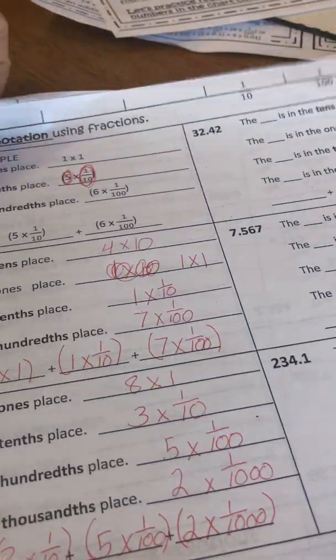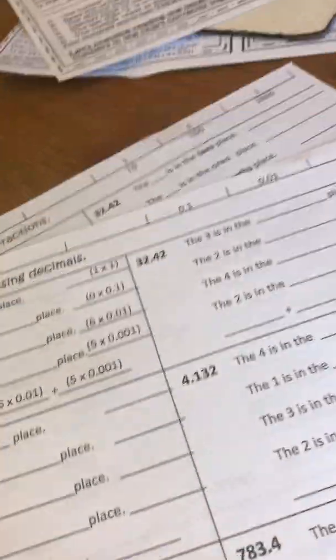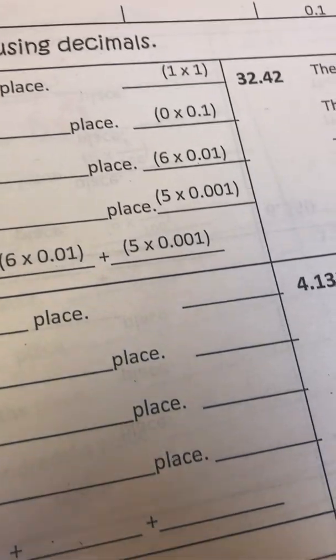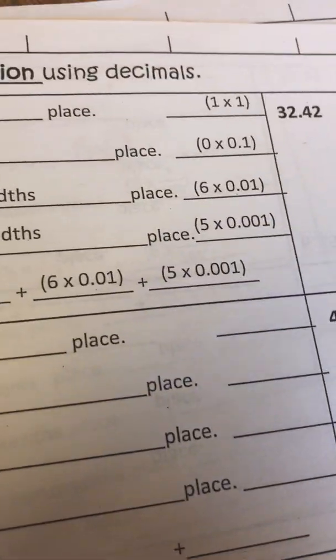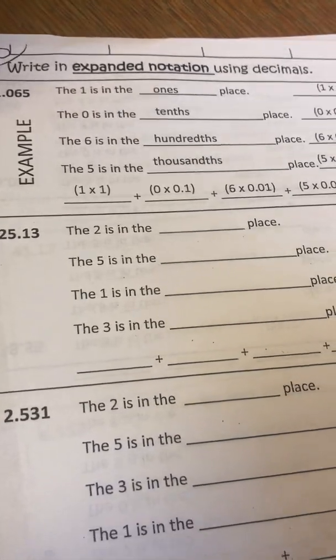So let's look at page 15 now, which is actually for tomorrow. This is writing expanded notation using decimals. So it's the same thing, except we're going to write those numbers as decimals rather than fractions. Okay. Let's look at this one and do it together. We have 25 and 13 hundredths.